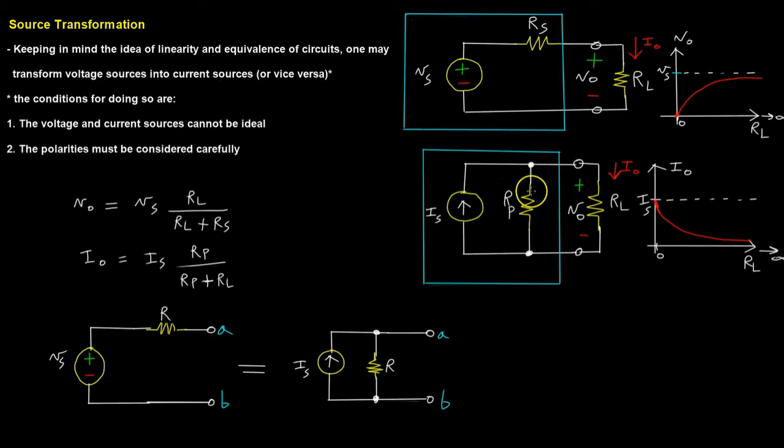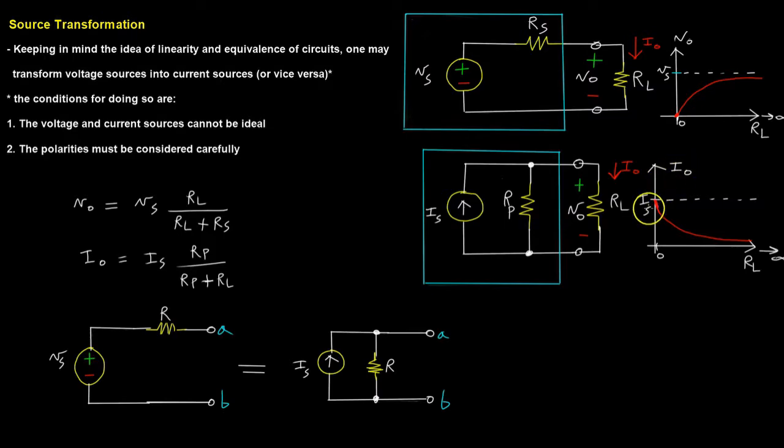And so if you look at a practical current source, it is going to have a parallel element here that is also some finite resistance. And how would it behave if you have a short circuit? Well, the entire current is going to essentially short this resistor and appear at the output.